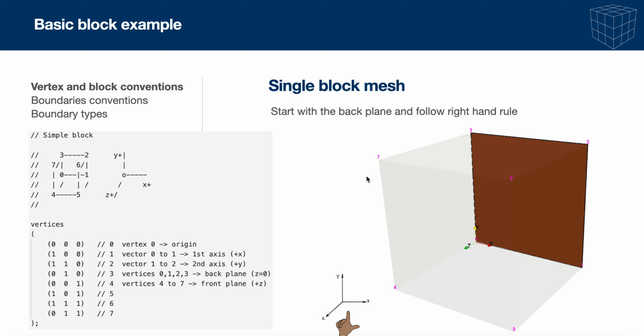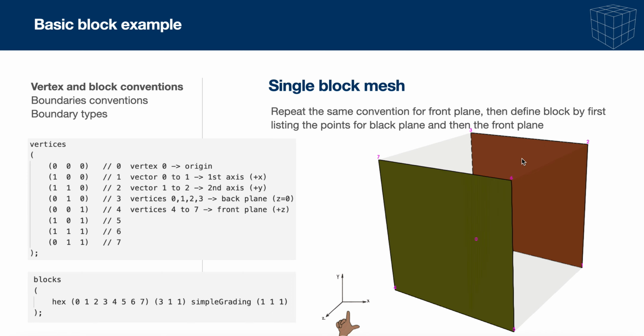Similarly, once you define this back plane, you can define the front plane, again following the same convention, where you start with the same ordering of points like 4, 5, 6 and 7.